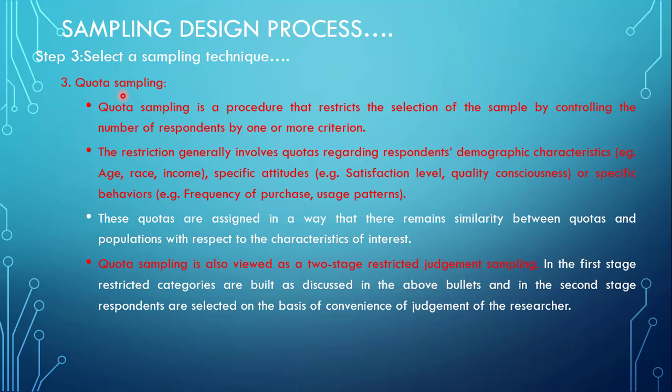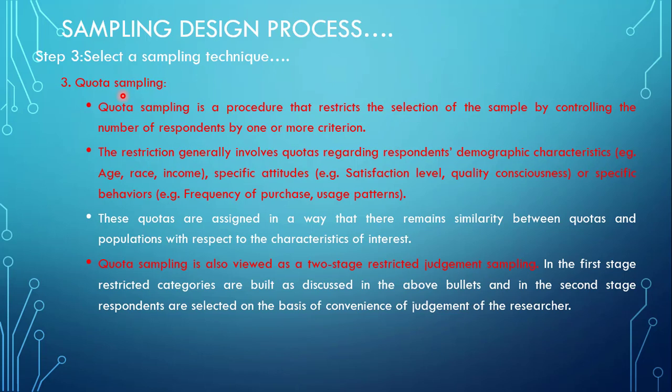It might be based on geographic location, age, gender, income, and so on. So quota sampling is when the researcher delimits or controls the number of respondents. But in quota sampling, you will have two stages.